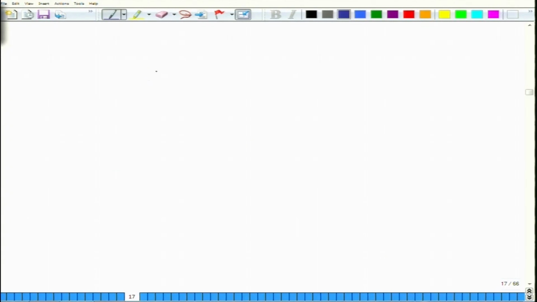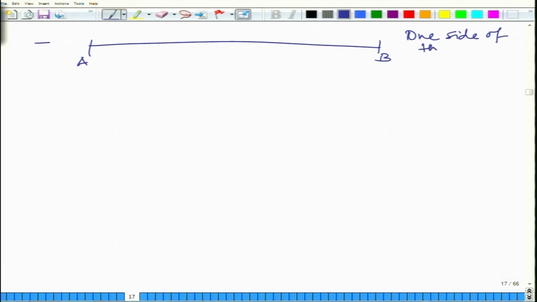So generally what you do is you take the length of each side of the triangle and divide that into 100 parts. So let us say this is A, this is one side, so you divide that into 100 parts. So this is 50, and then divide each of these.